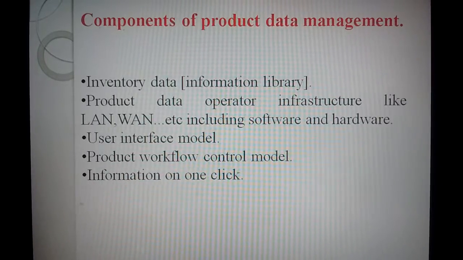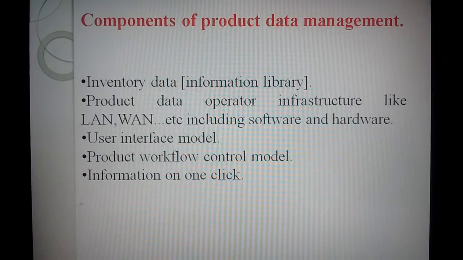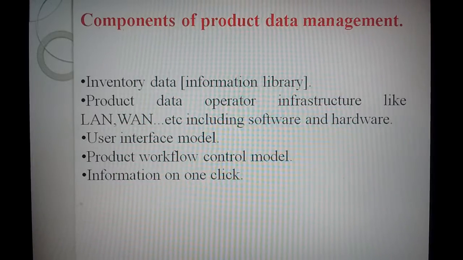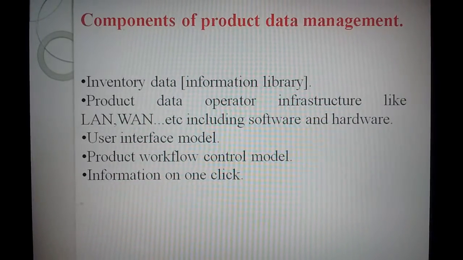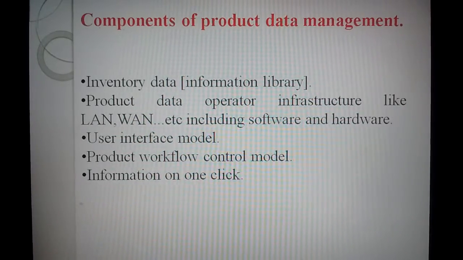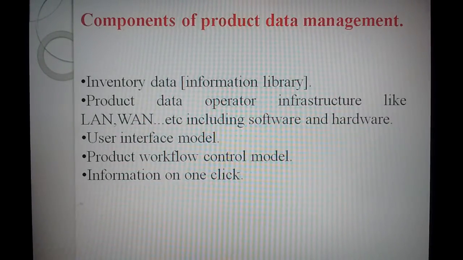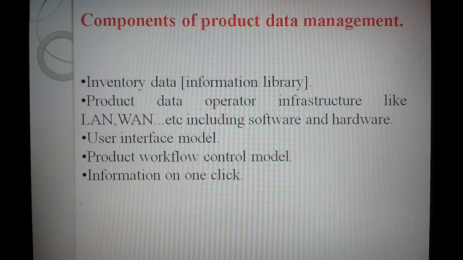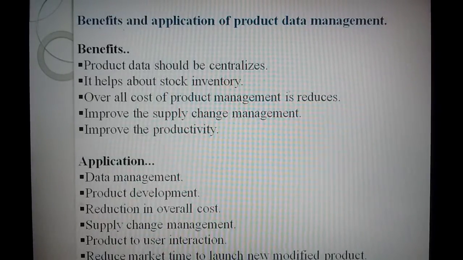Then product workflow and its control model and information on one click are further components. If anyone has a problem related to the product, he will use that software and that data, and based on that we find solutions. These are the various components present in product data management.